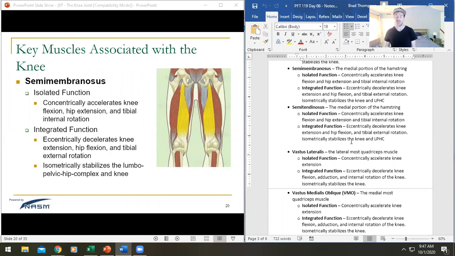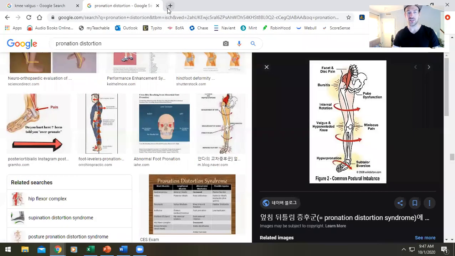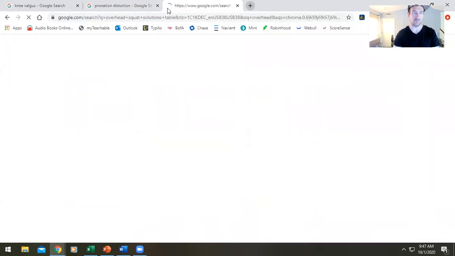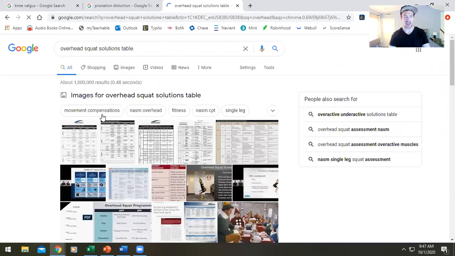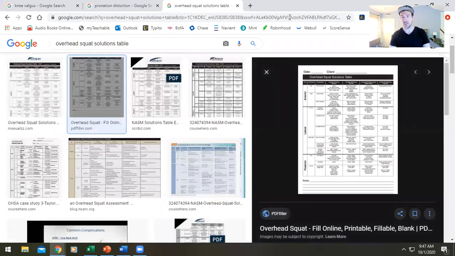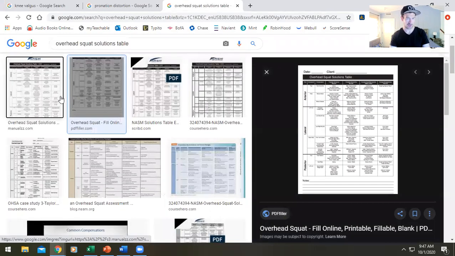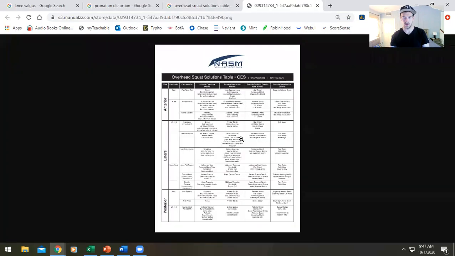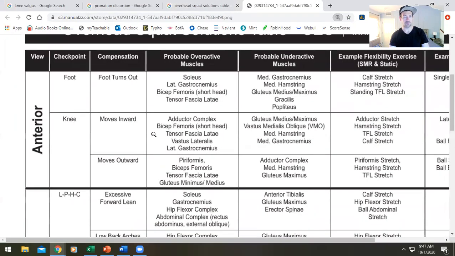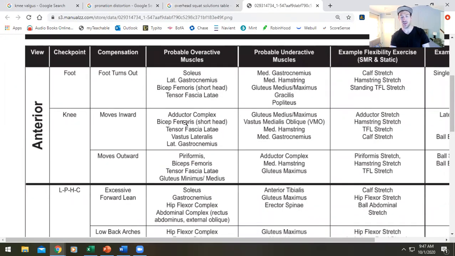So when you have a client, if we go to NASM's overhead squat solutions table and look at the knees caving in situation, you're going to see probable overactive muscles.